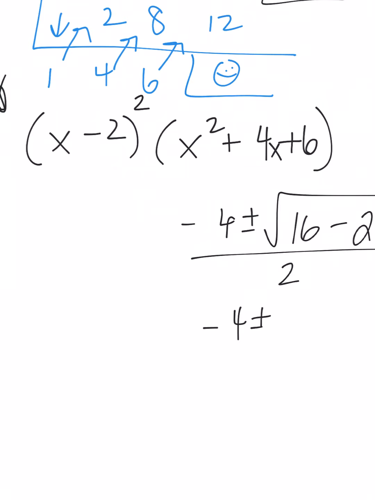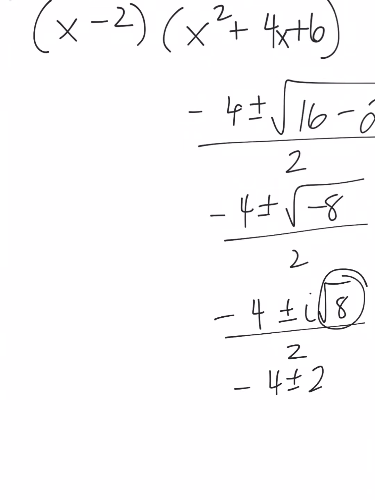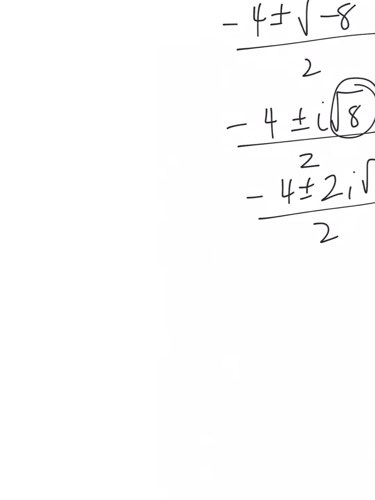Now when I look at this, that looks like a complex number in my square root. So that's going to be i square root 8 over 2. And if I break down the 8, I get 2i root 2 over 2. Whew, almost done. And since all my whole numbers are divisible by 2, I'm going to do that.